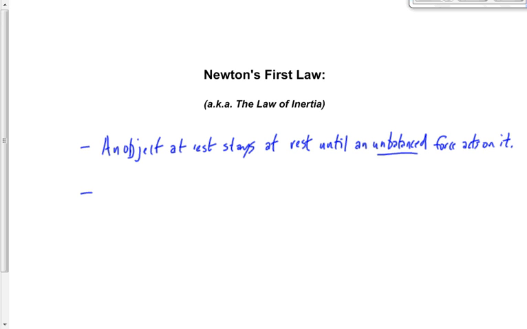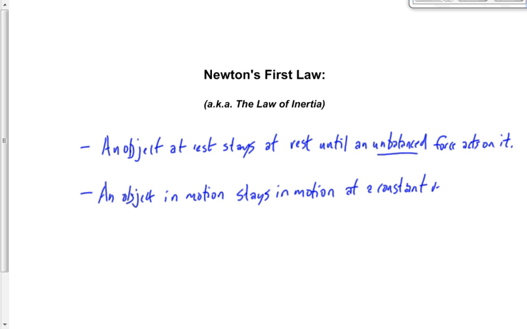The second aspect is an object in motion. What happens to an object in motion? What's the tendency of an object in motion? What does it want to do? Wants to stay in motion. An object in motion stays in motion, but specifically, it stays in motion at a constant velocity, which includes a straight line, right?